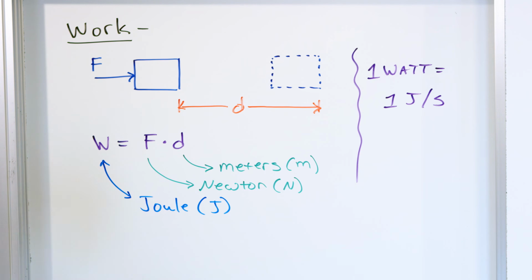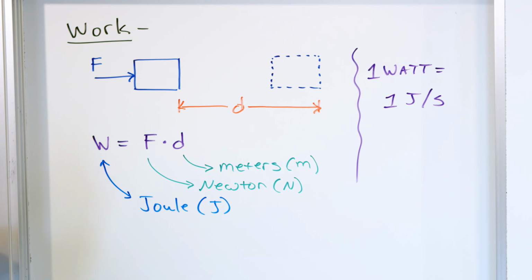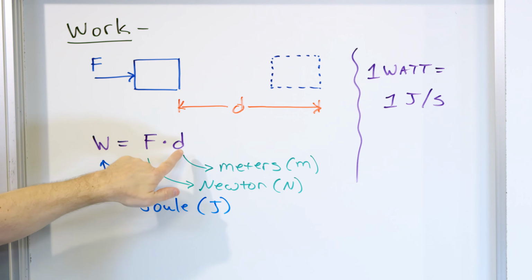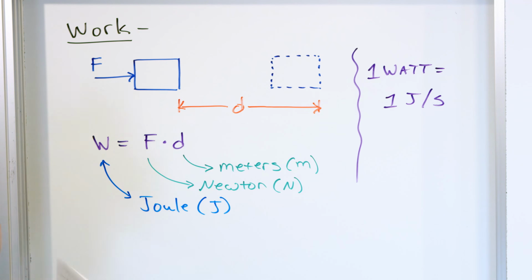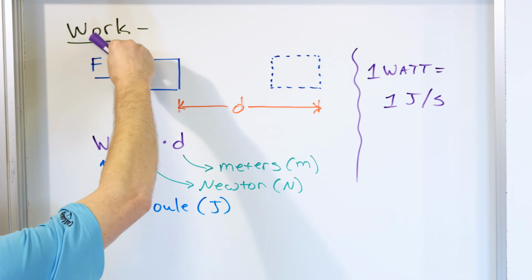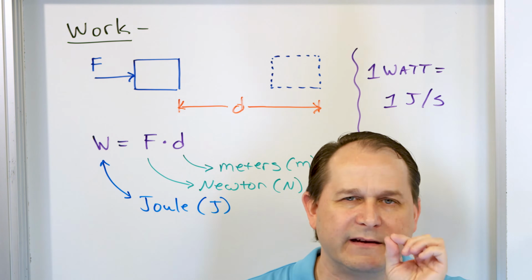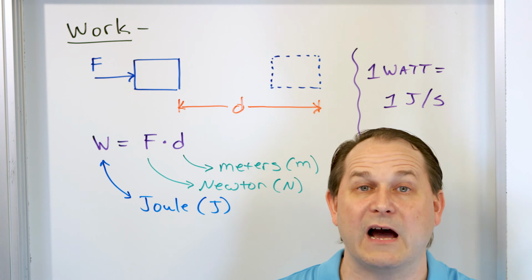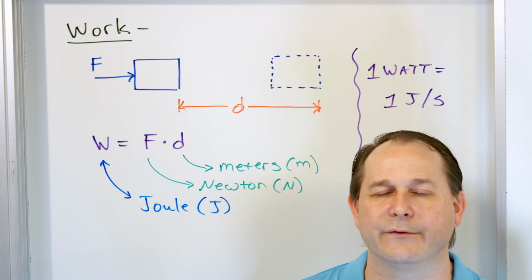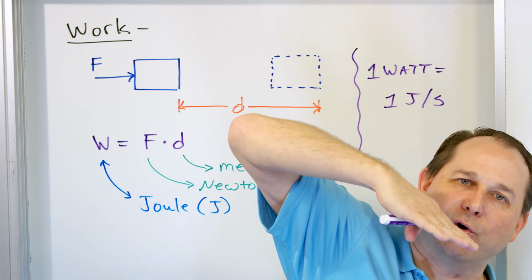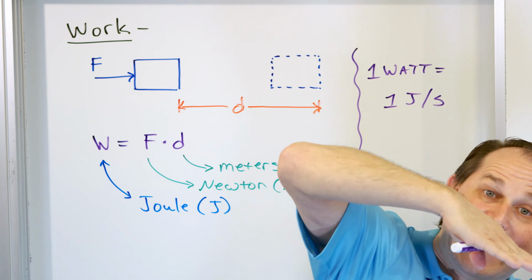Now, another thing I need to say: I wrote this as a dot here, force times distance. If you take a physics class, you will learn that this works great if the force is lined up in the same direction as the distance, but if the force is angled, then it's not a straight multiplication. The dot comes from the dot product in math. I'm not going to get into it now, but it handles the situation where the force is angled, like if the box is moving this way but you're pushing down at an angle.